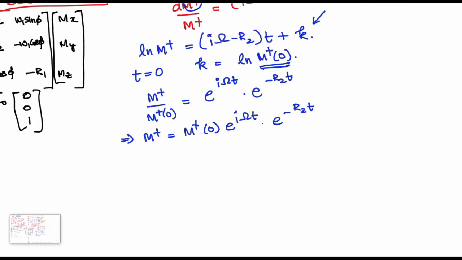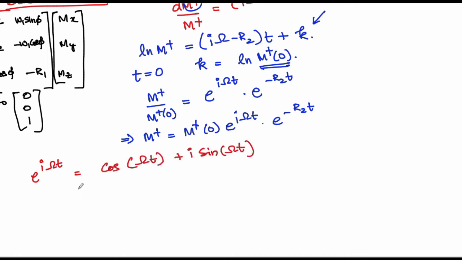We have to plot them to understand them better. E power i omega t is nothing but cos and sine. If you would like to plot it as a function of time, remember this will be a 3-dimensional plot. I'm just doing it in 2 dimensions to make sure we are able to see.